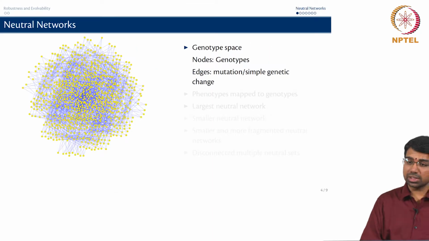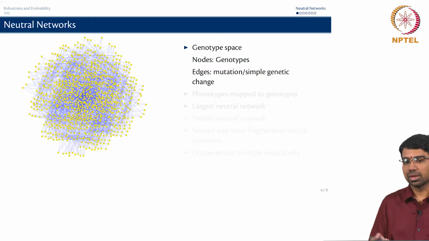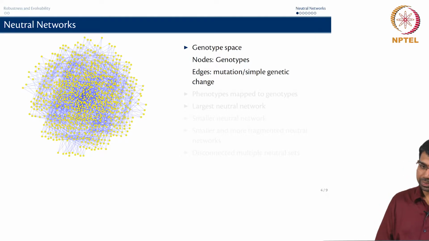So, if this were the genotype space for size 5, how many nodes would we have? 4 to the 5 or 2 to the 10, which is 1024, so you will have about 1000 nodes here, right. And how many edges will you have? Every node will have 15 edges to each of those neighbors, right.